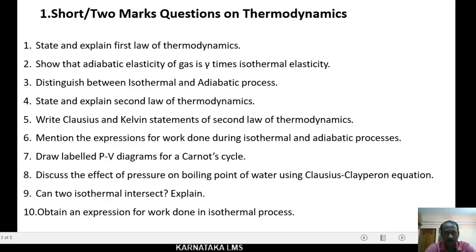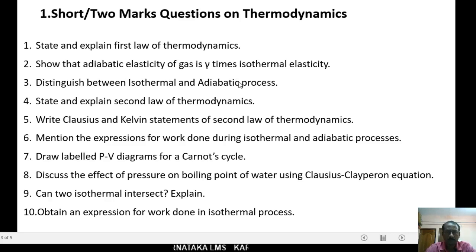You have got 2 equations, isothermal elasticity and adiabatic elasticity, and equate them. Finally, you get adiabatic elasticity is equal to gamma times isothermal elasticity. It carries 2 marks.